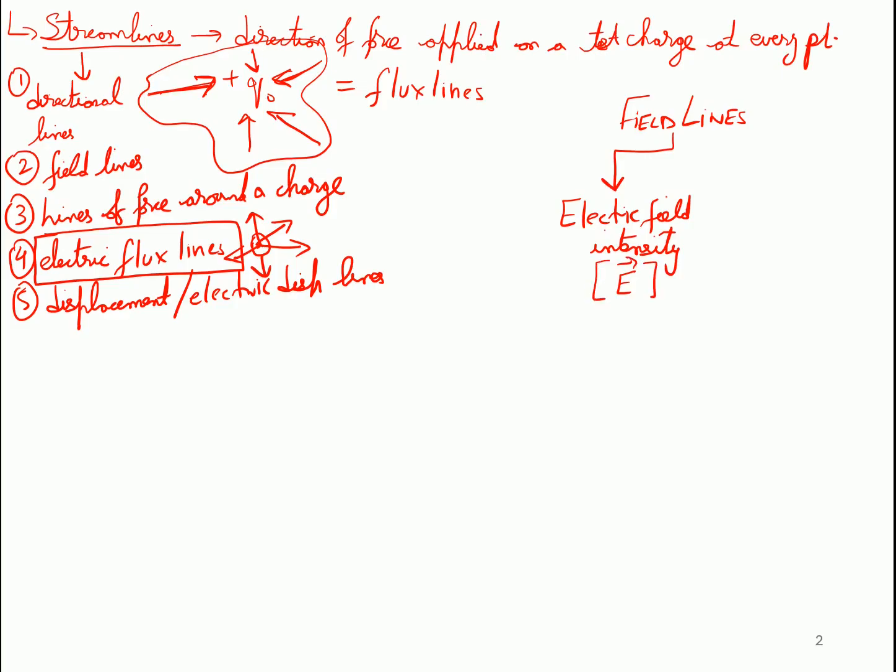Now the other quantity that is associated with field lines is called electric flux density. Again, it's a vector quantity and represented by symbol D with an arrowhead. So whenever we talk about field lines, we have to keep in mind that electric field intensity and electric flux density always go side by side. So these are the two parameters associated with field lines.